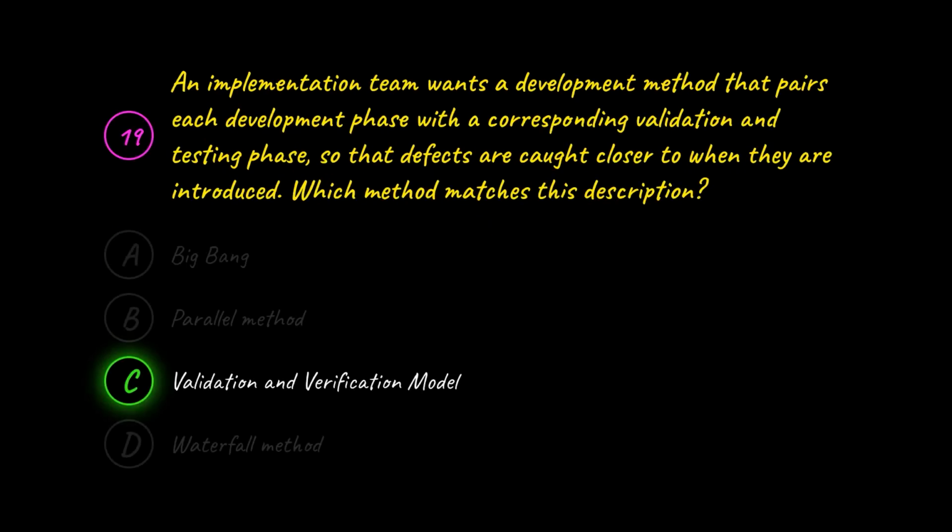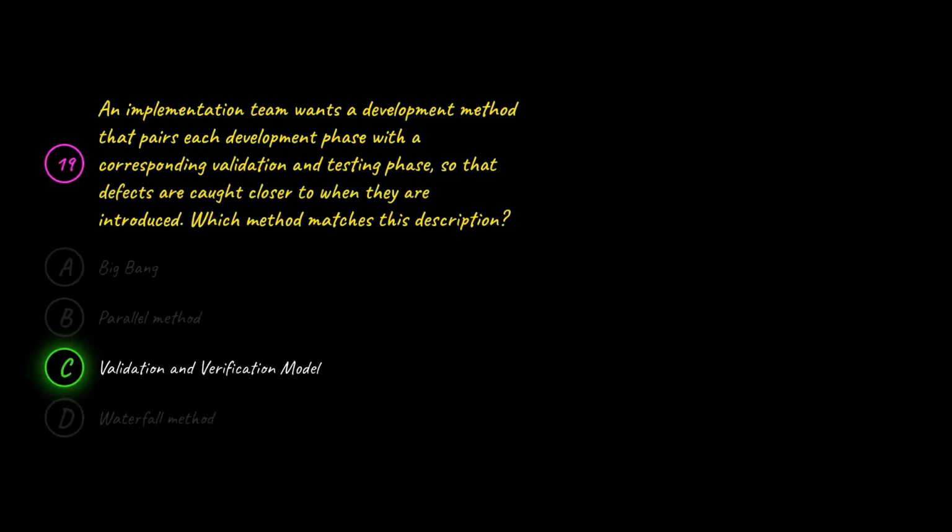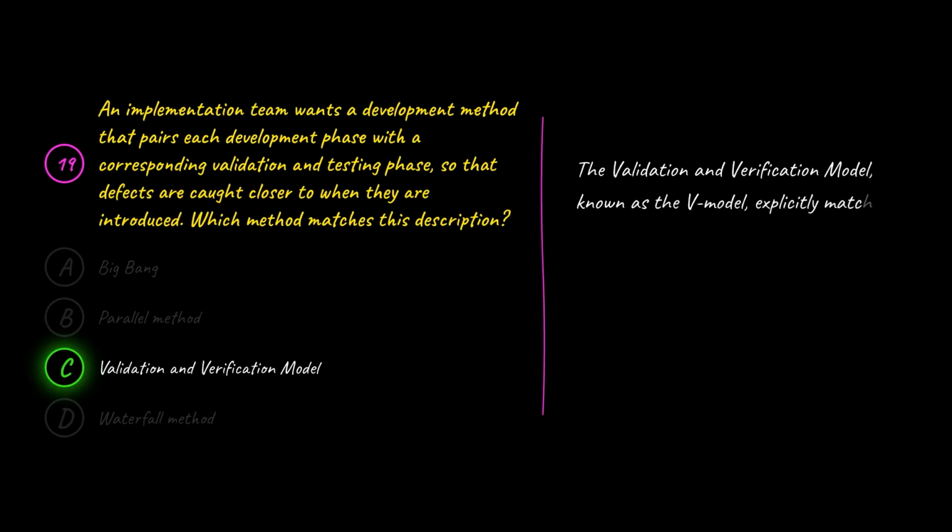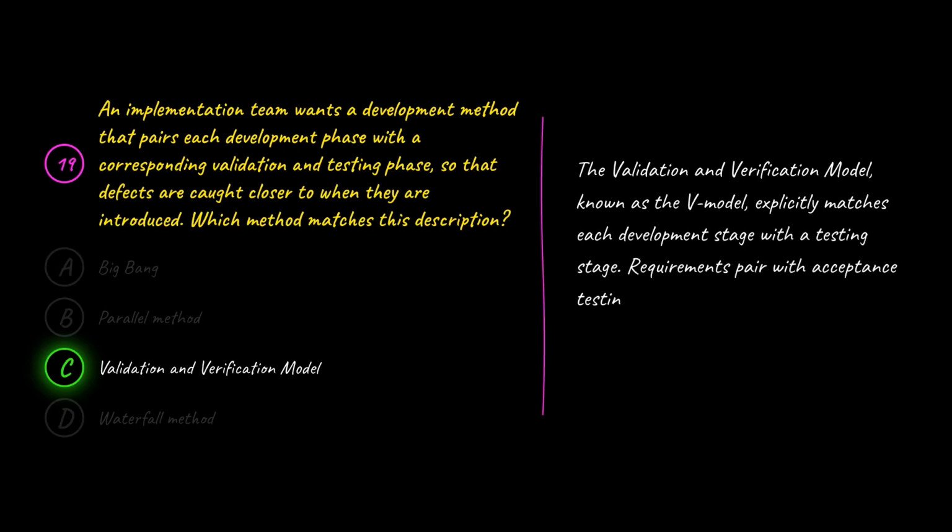The correct answer is C. Validation and verification model. C is correct because the validation and verification model, known as the V model, explicitly matches each development stage with a testing stage. Requirements pair with acceptance testing, design pairs with integration testing, and coding pairs with unit testing.